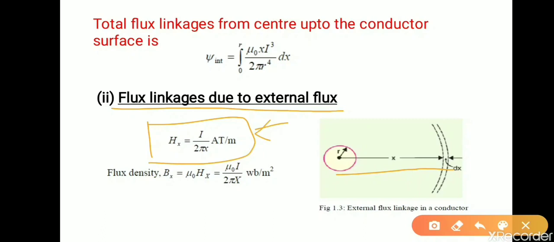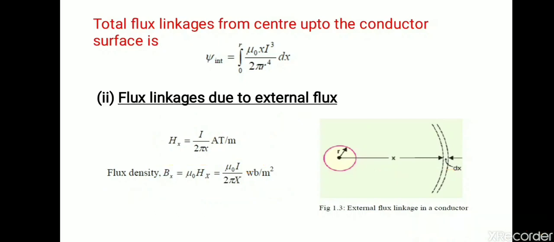Please refer to that. Now the flux density B(x) is mathematically represented as B(x) equals μ0 H(x). So we substitute the value of H(x), then we will obtain μ0 I by 2πx Weber per meter square.